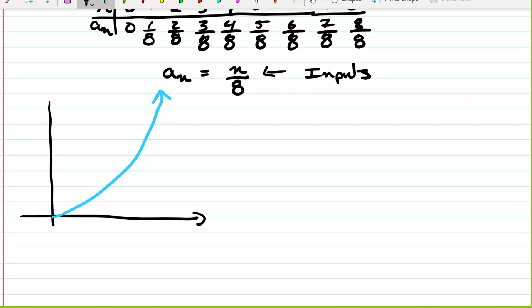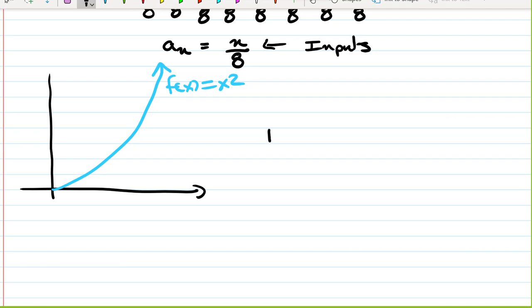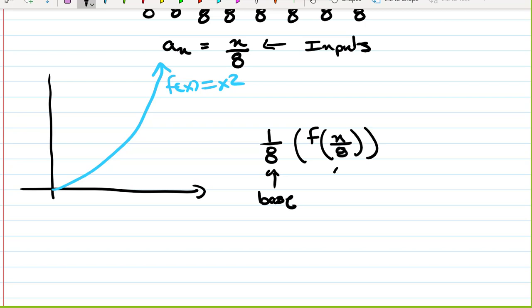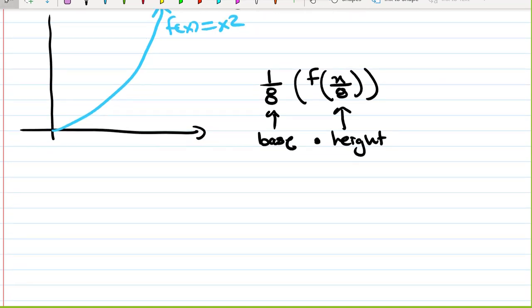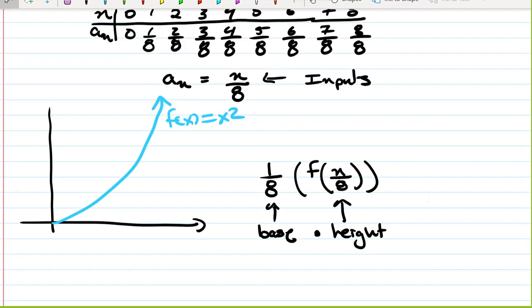This function is f of x equals x squared. And we know that the width of each of our rectangles is going to be 1/8, and then the height is going to be f evaluated at n over 8. So then we need to add all of these up.